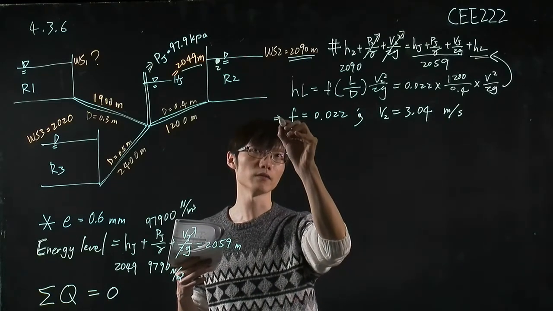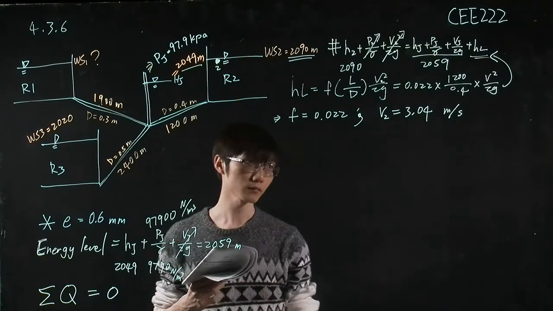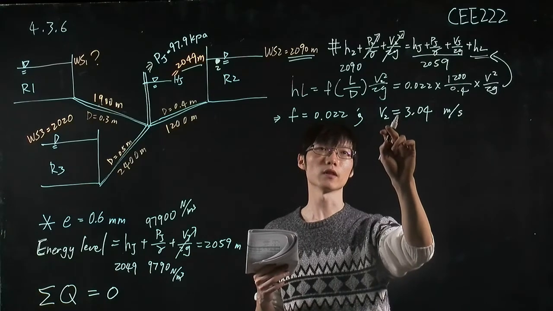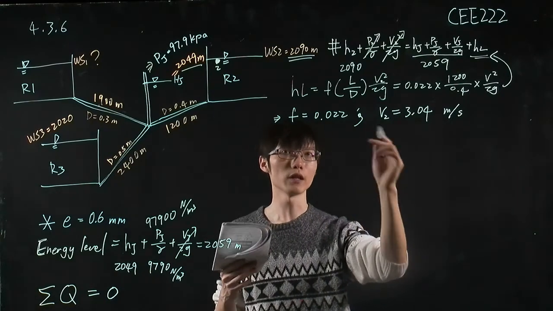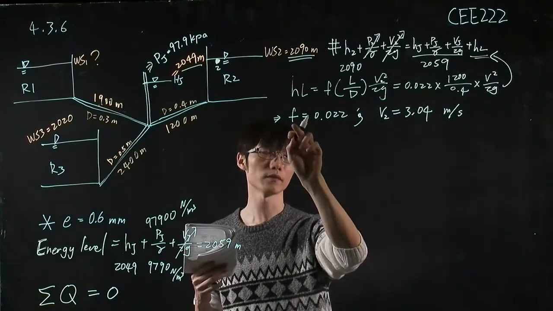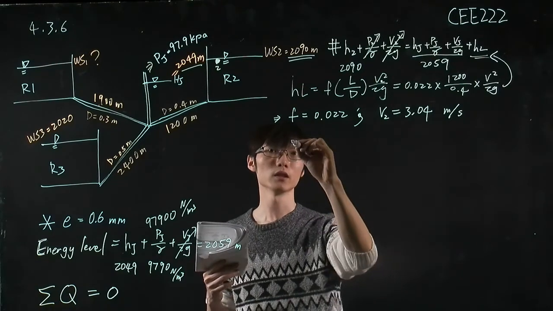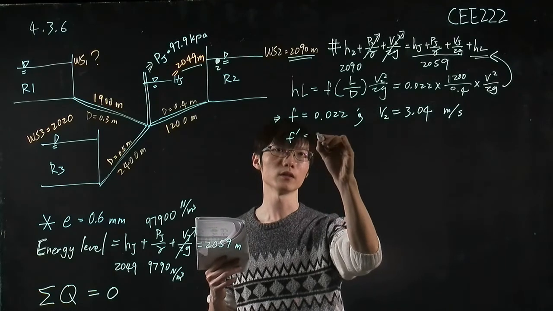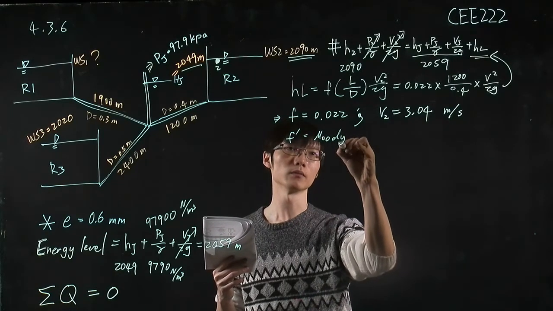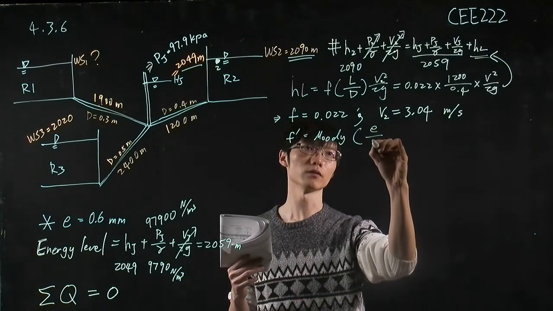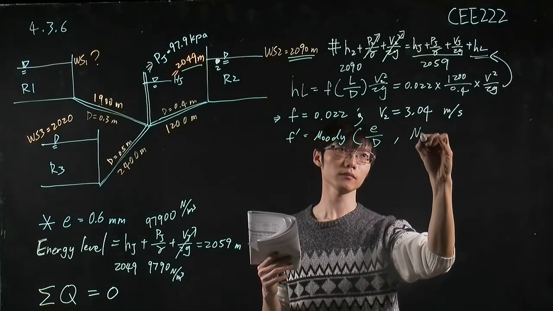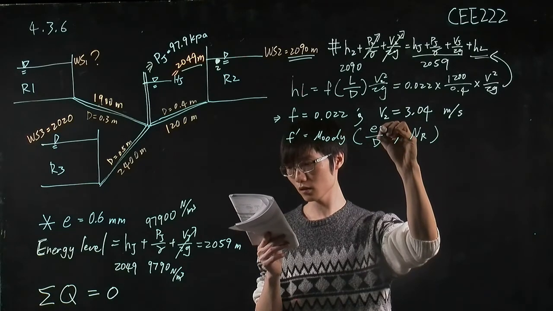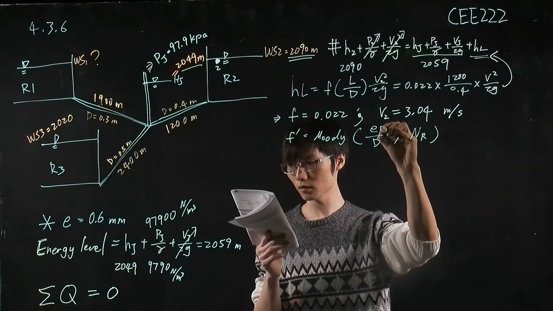And now, as we did in the previous problem, because this f is our assumption, and we calculated this velocity, we need to use this velocity to verify our choice of factor f using the Moody diagram. So we can calculate the new factor f using the Moody diagram with these two pieces of information.